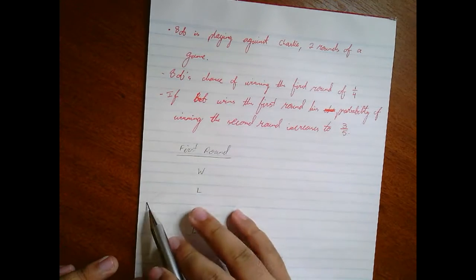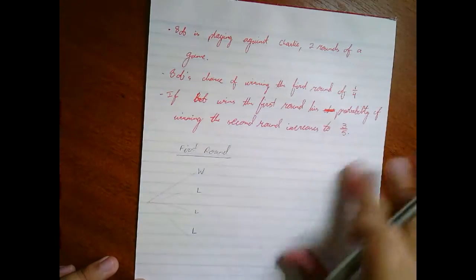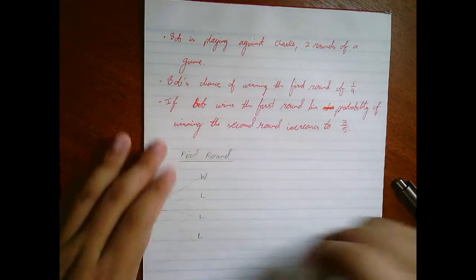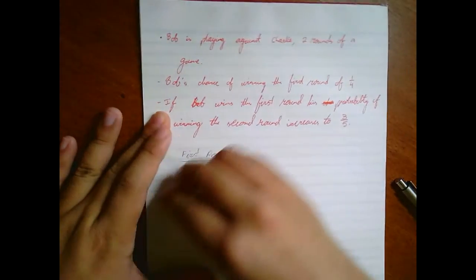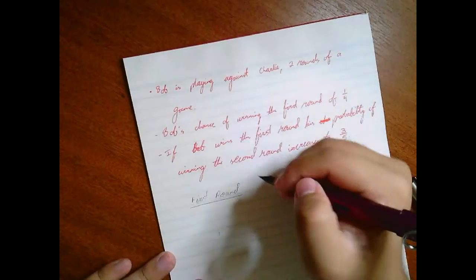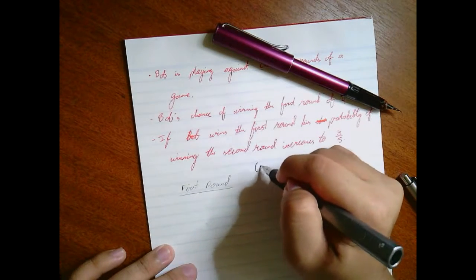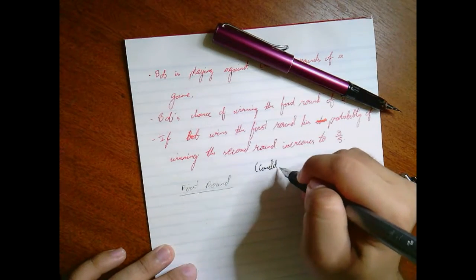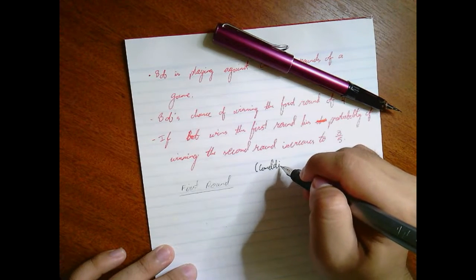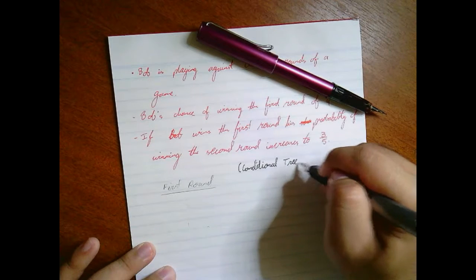But if we were to do this as a tree diagram, you get crazy big. So instead we create what's known as conditional tree diagrams. These are called conditional tree diagrams.